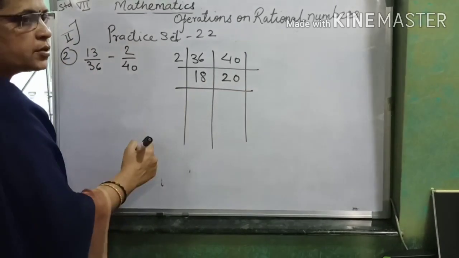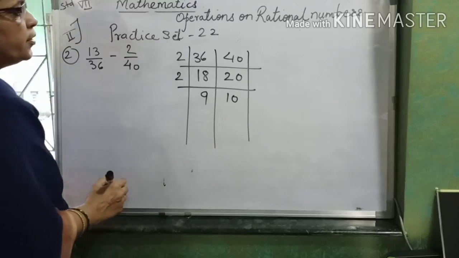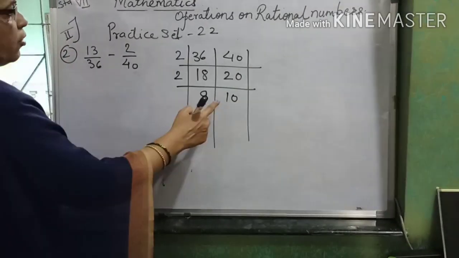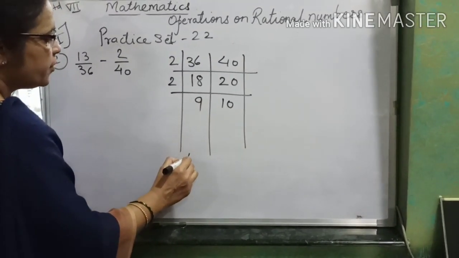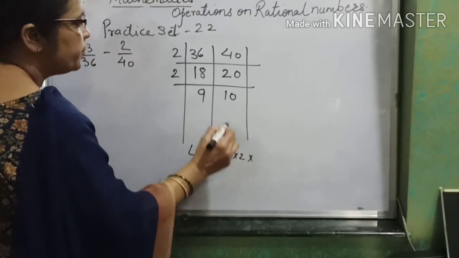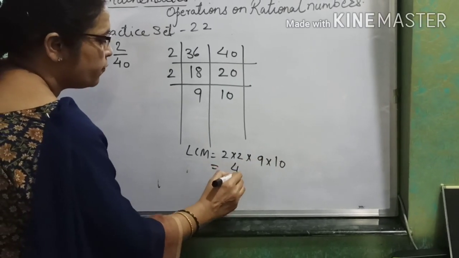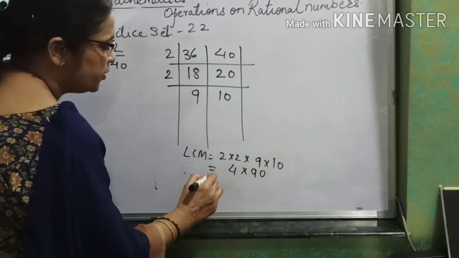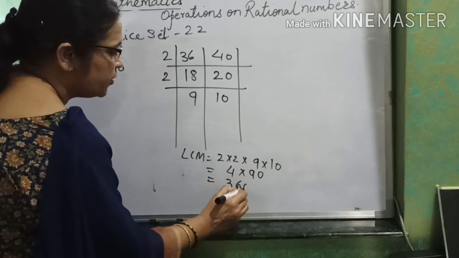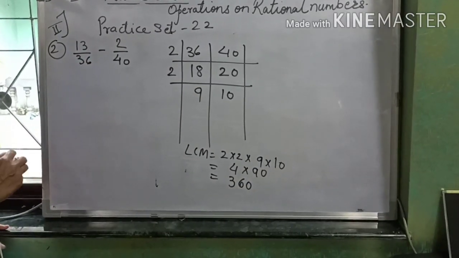Again these two numbers are divisible by 2. 2 9s are 18, 2 10s are 20. Now further we cannot divide. So LCM is 2 into 2 multiplied by 9 into 10, which is equal to 4 into 90, which is equal to 360. So the denominator should be 360.